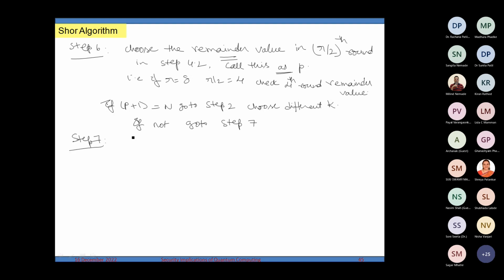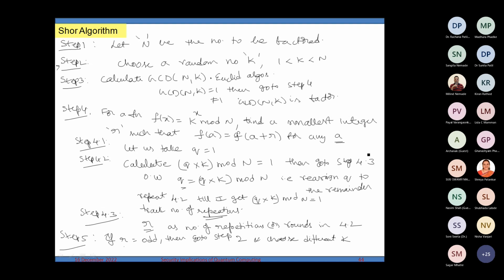Step 7 is my factors of N. My first factor is GCD of P plus 1 comma n, and my second factor is GCD of P minus 1 comma n. Okay, so that's all I have. So totally 7 steps. Let us have a quick look at that.